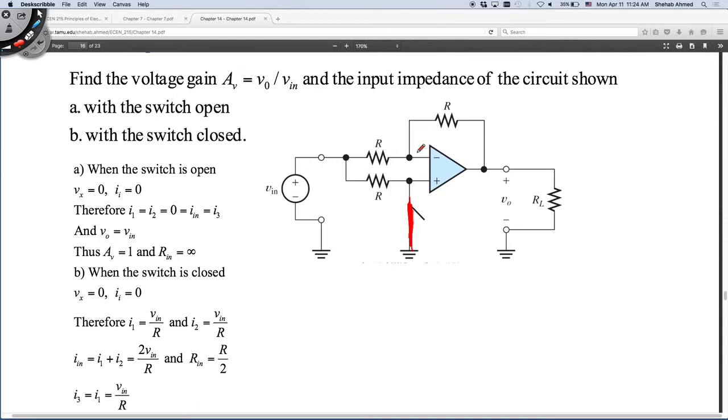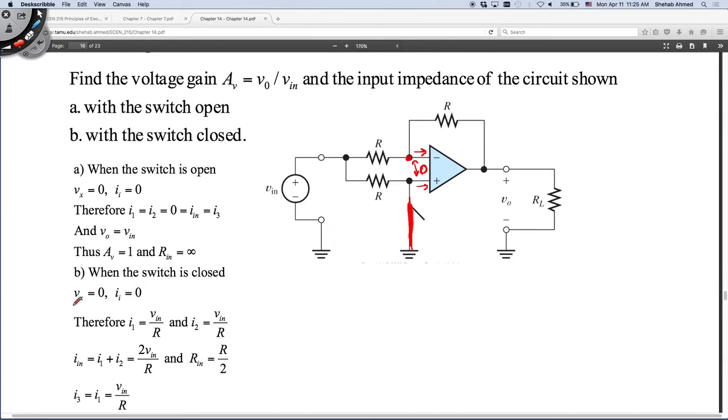The feedback is still there, so Vx is still driven to 0. Since the feedback is there, and since it's an op amp, the current here is equal to 0. There's no current coming into the op amp. So now what?